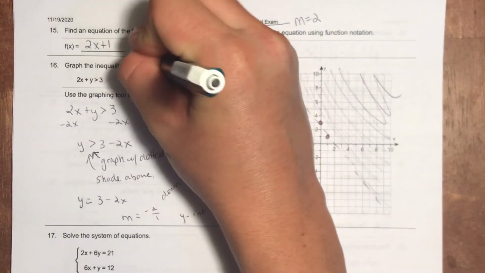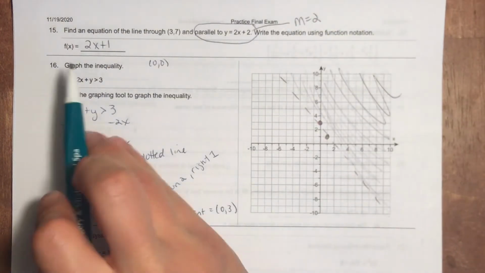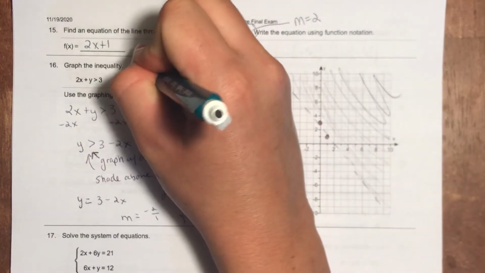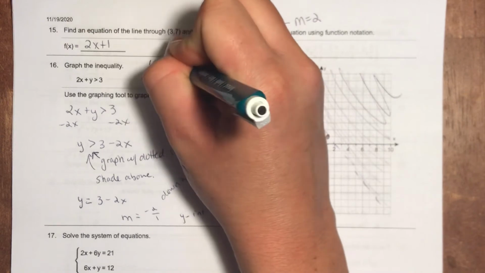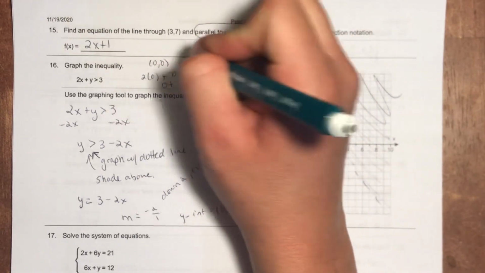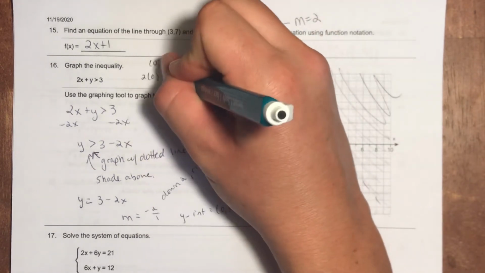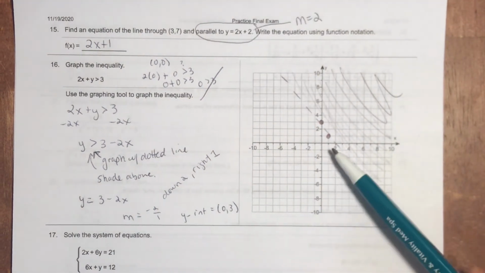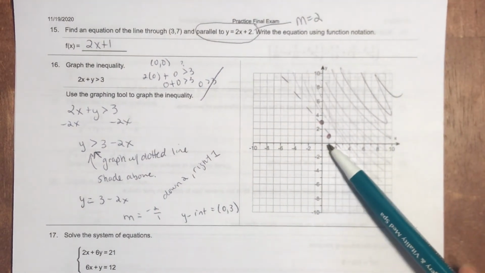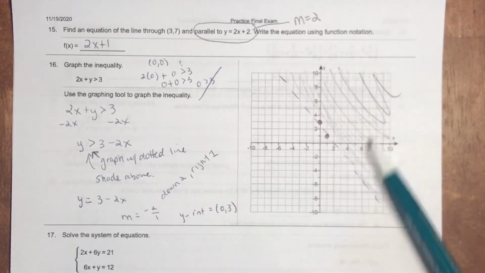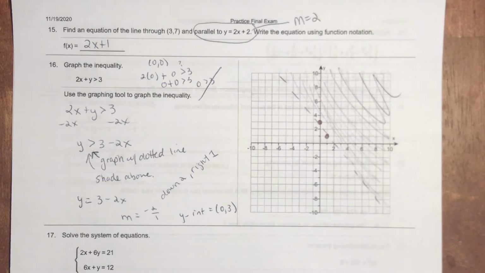We're checking the point 0, 0, so x is 0, y is 0, and we plug it in here. 2 times 0 plus 0 is greater than 3. We simplify to see if we have a true statement, because we're not really sure yet. 0 is greater than 3. Is that true? It's not true, which means we shouldn't have shaded the side of the line that that point fell on. And notice it's not shaded, so we know we shaded it correctly.